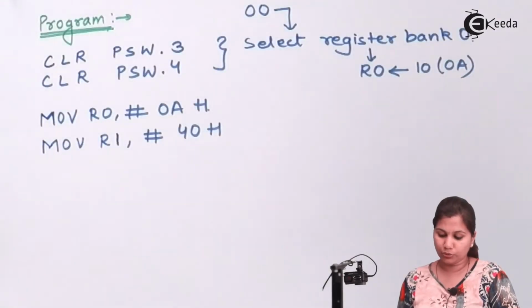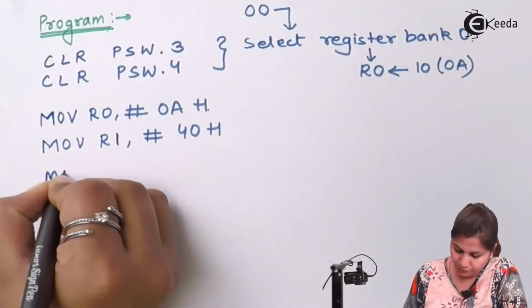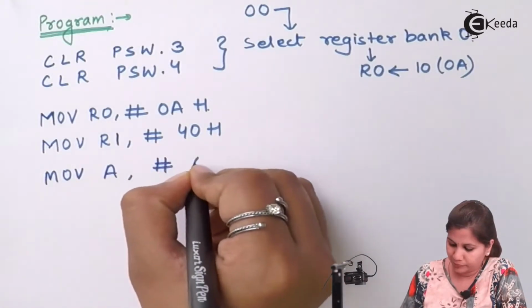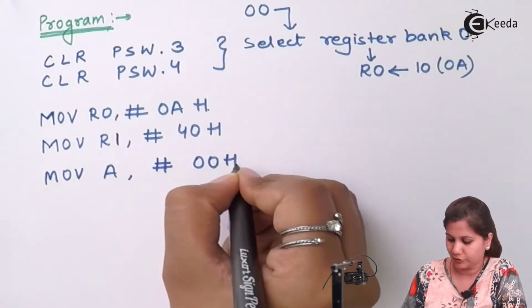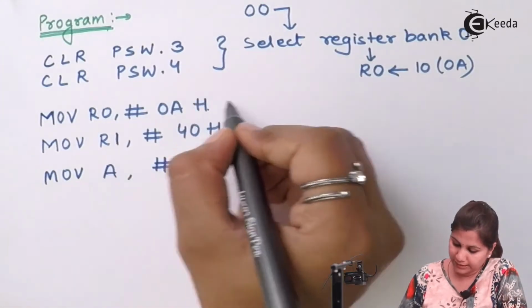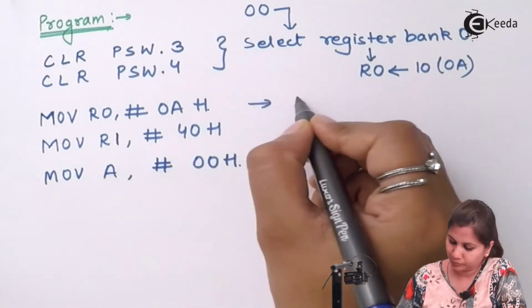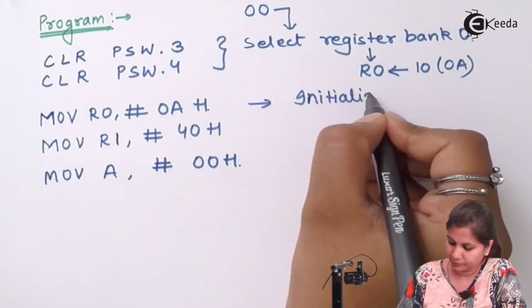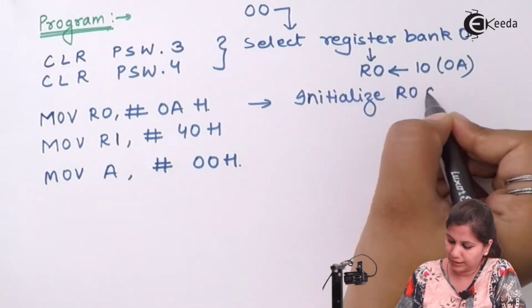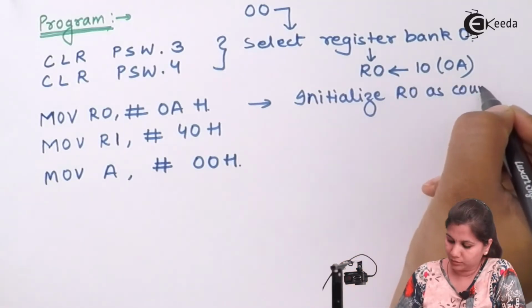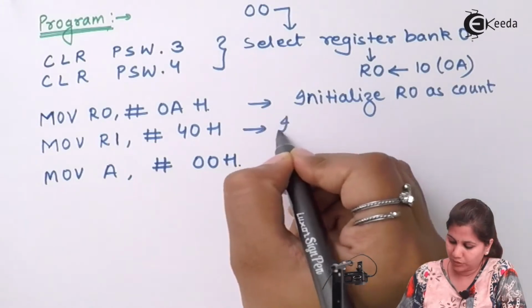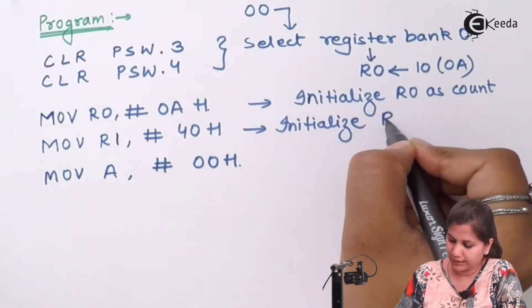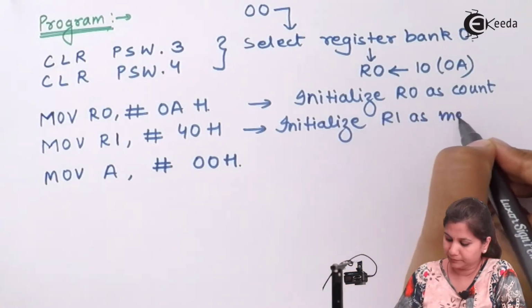So we are going to move into our accumulator the number 00H. So this step is to initialize R0 as count. This step is to initialize R1 as memory pointer.